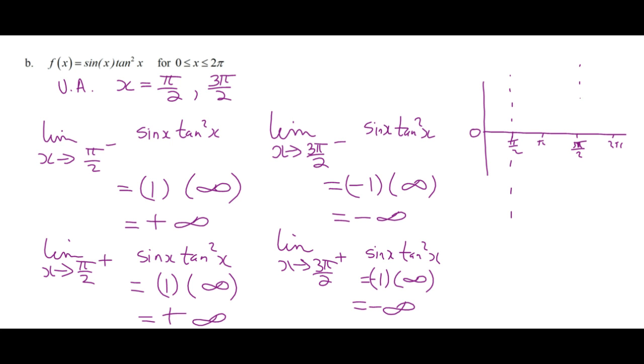Let's get some asymptotes in there. Okay, so pi over 2 from below, where are we going? Infinity. Pi over 2 from above, where are we going? Infinity, and no further. I don't want you going beyond infinity. And at 3 pi over 2?